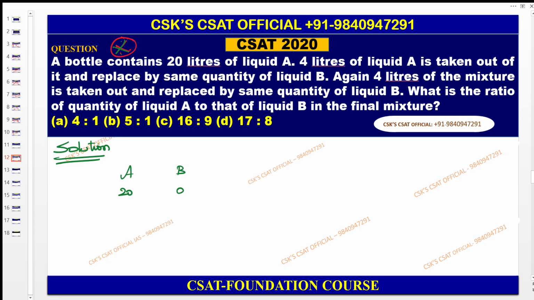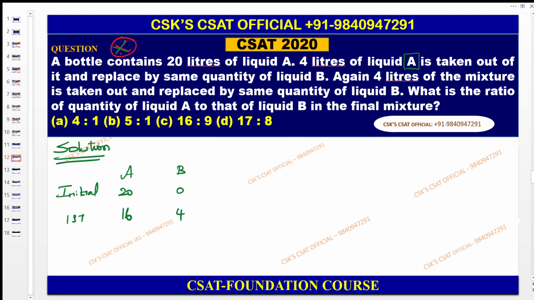Okay, 20 liter of liquid A. This is nothing but the initial. Now what we are doing in the first round, 4 liter of liquid A. Try to understand, this is very important. Words are very important. Liquid A is taken out and added by the same quantity of B. So therefore here 4.